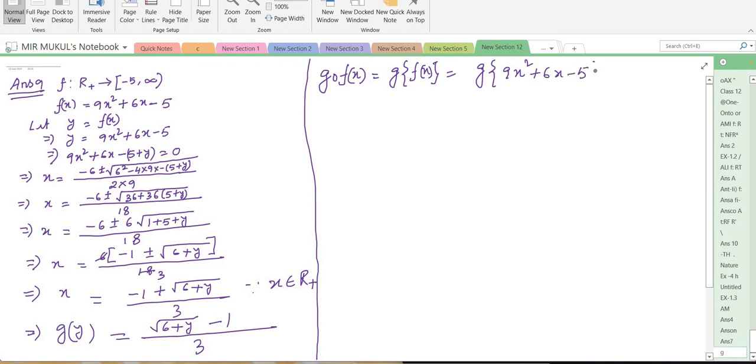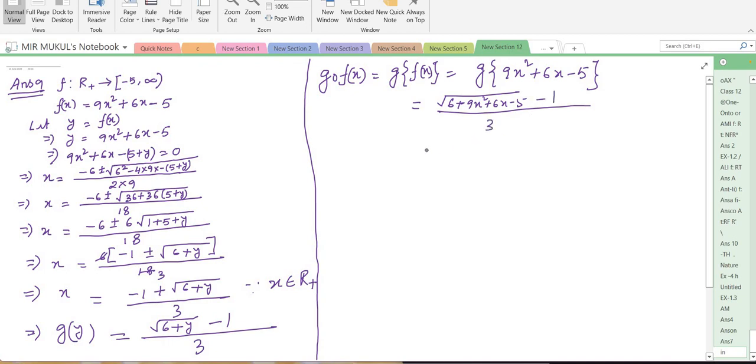A little bit you have to calculate. Then g of this, in place of y we put 9x square plus 6x minus 5.